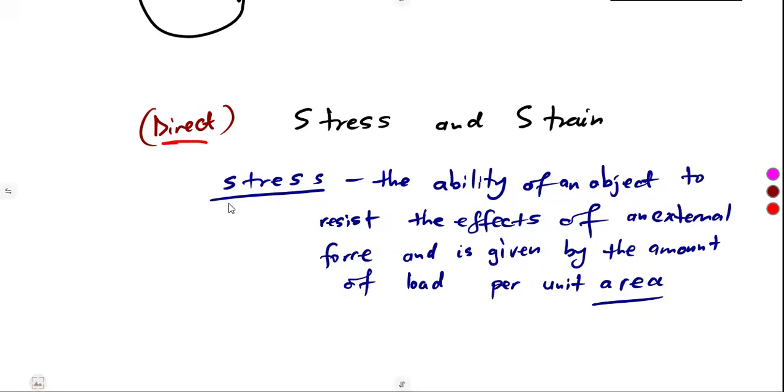But what we are going to see is that when we have got a direct stress, a force is being applied to an elastic body. The force will then deform or try to deform the body. That is the state that we are now having, where the force will be resisted by internal forces caused by the cohesion between the molecules of the material. So that is the major part now of a direct stress.